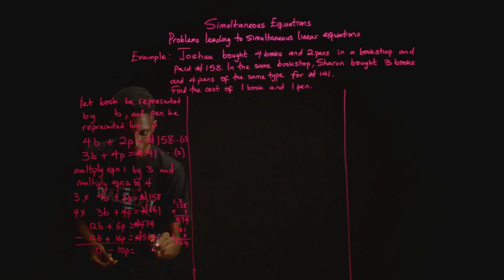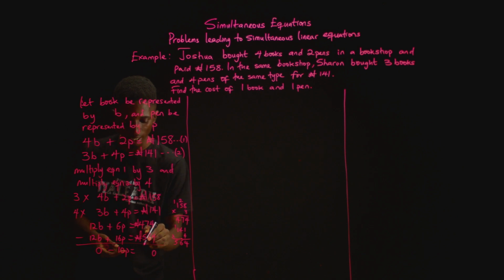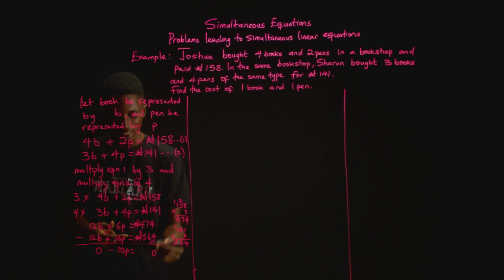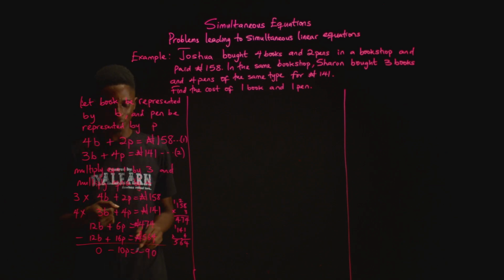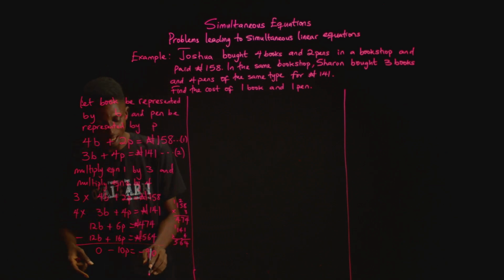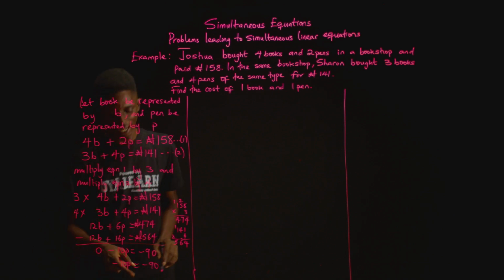We would have 0 here, and then here we have 4 minus 6, and that is impossible, so we borrow 1 here. And that becomes 16. 16 minus 7, and we have 9. So negative 90. Therefore, we can now say minus 10P equals minus 90.